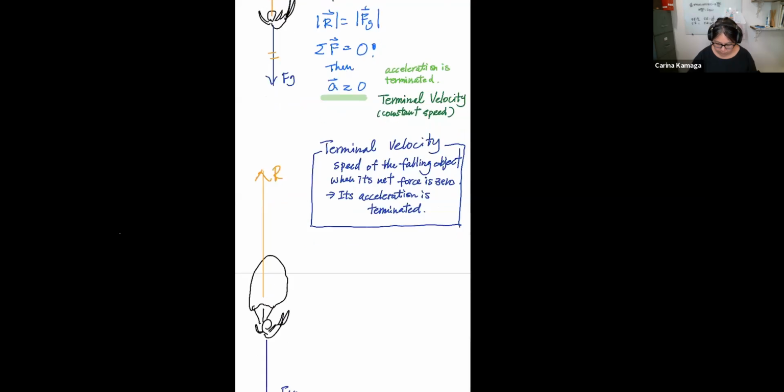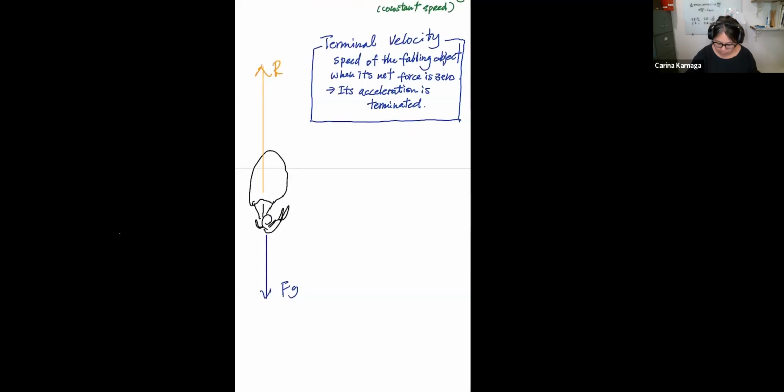So now, in this case, R is larger than Fg. So then the net force is upward.